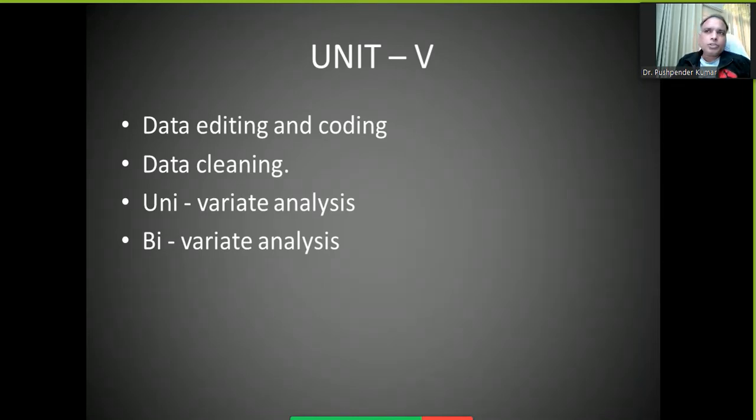To make the software understand your data, you need to give some kind of coding. For example, if you want to tell your computer how many male and female you have, generally we give some value, maybe 1 or 2, maybe 0 or 1, to represent male and female, right?